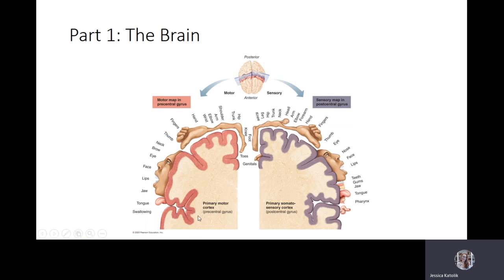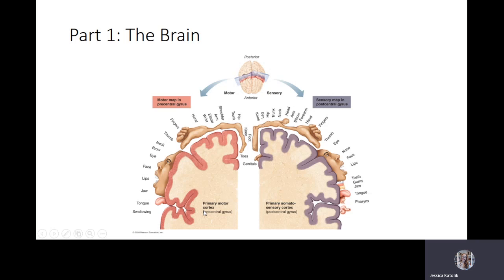So here we're going to have the primary motor cortex, which is responsible for initiating motion, and the primary somatosensory cortex, which is going to feel general senses such as pressure, touch, vibration, pain, proprioception, all of those things.